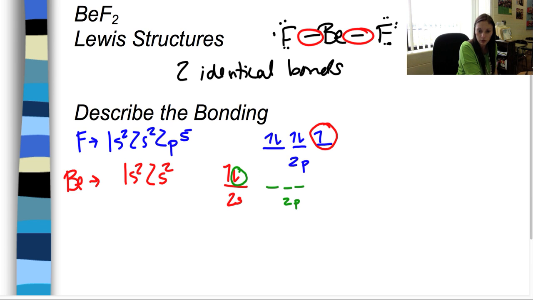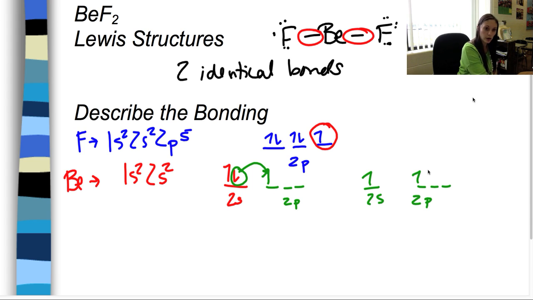Remember, 2p's are always in 3's. Now I've got a 2s and a 2p, and each one is by itself. So now one fluorine could bond here, and another fluorine could bond here. The problem is those are not the same type of orbital.